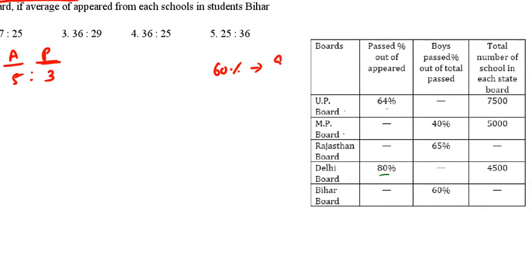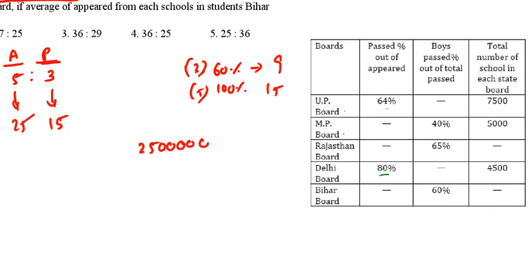So 21 1 by 3% is the correct answer. 21 1 by 3 means option 5 is the correct one. See the next question.